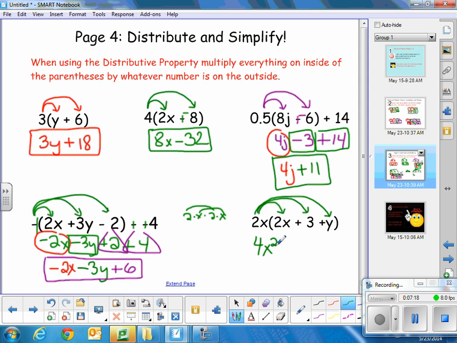So 2x times 2x is 4x squared. And then 2x times 3. 2 times 3 is 6, making it 6x, because 2x times 3 would be 6x's. And then 2x times y would be 2xy. 4x squared plus 6x plus 2xy is the final answer.